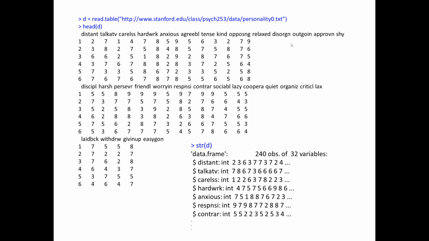We can see that it's set up in a data frame of 240 observations of 32 variables. And so when you do the str command, the structure command for the data frame, it gives you each of the variables and several of them from the beginning of the data set.